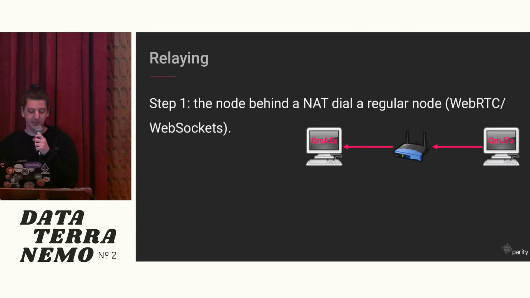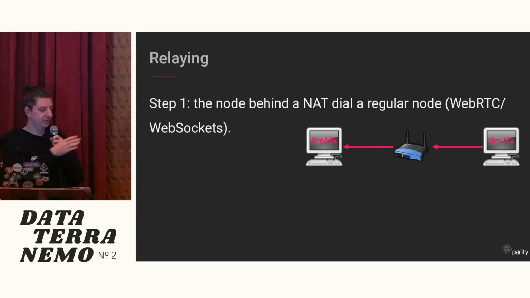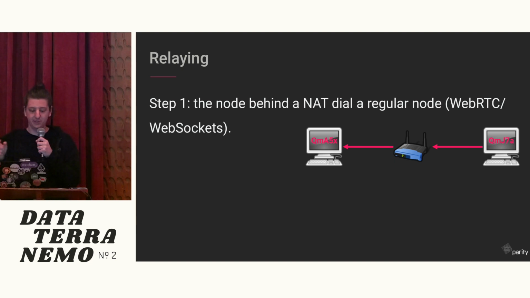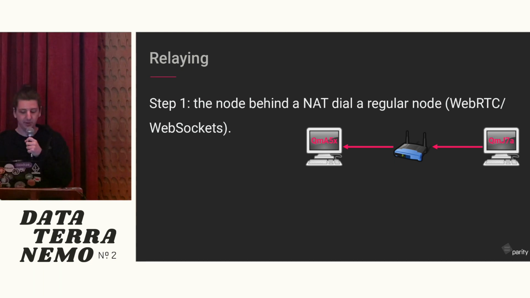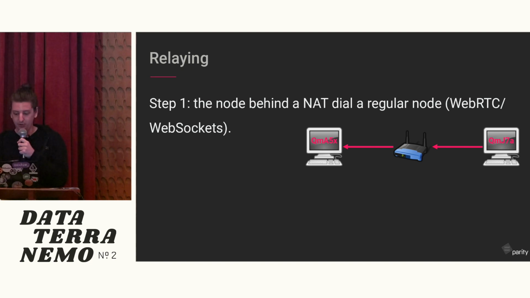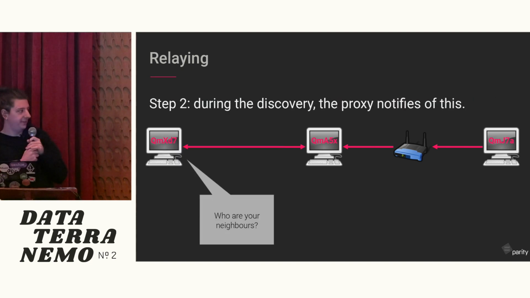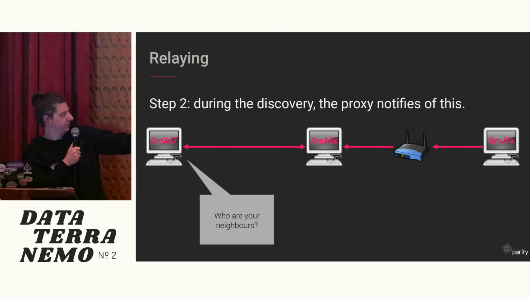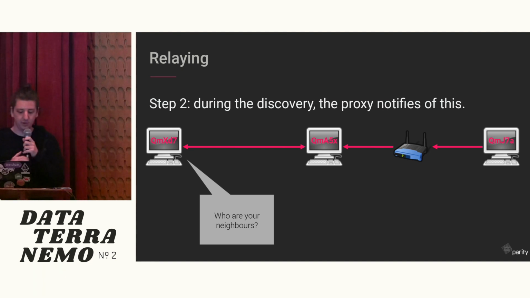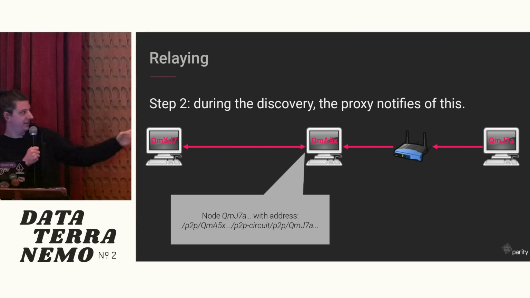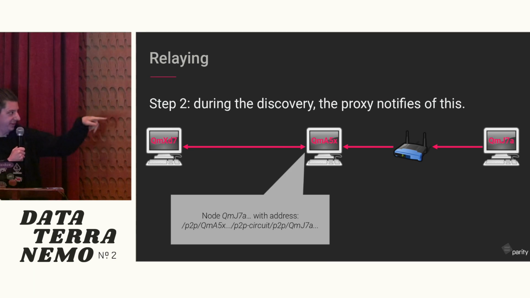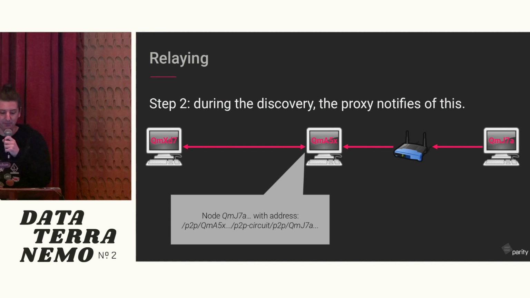So how does that work? Step one, the node that is behind the NAT dials another node. If you're in the browser, that's through WebSockets or WebRTC. If you're not in a browser, that's a typical TCP connection. You make your outgoing connection. Then when someone asks this proxy, who are your neighbors, the proxy answers, hey, I have this thing connected to me that wants relaying.